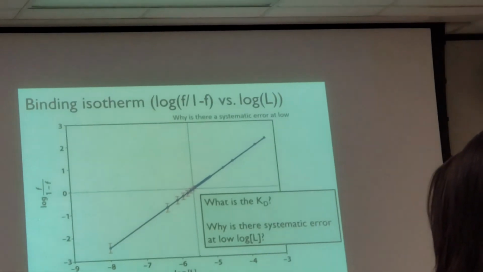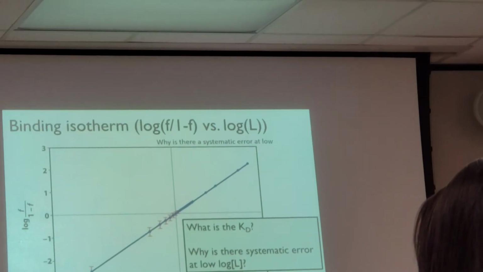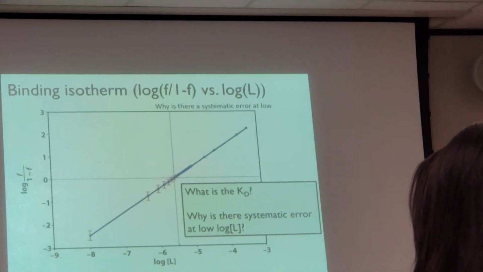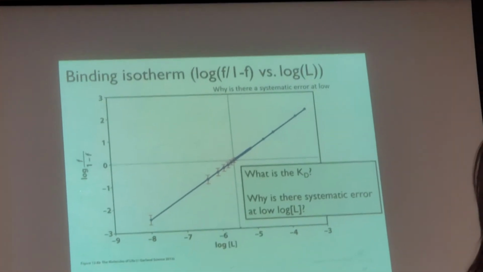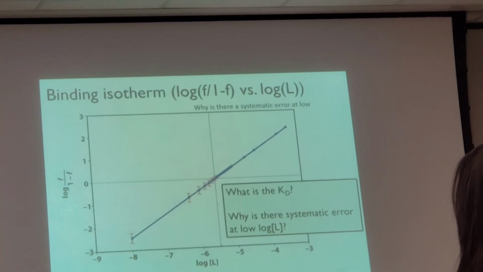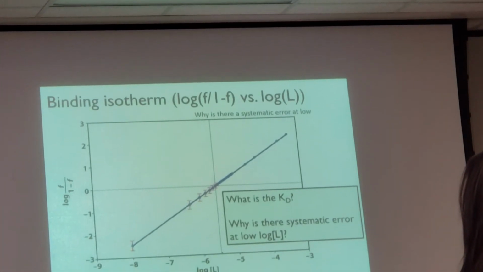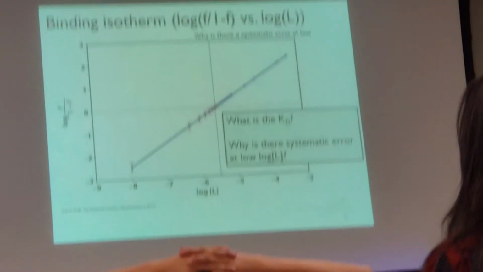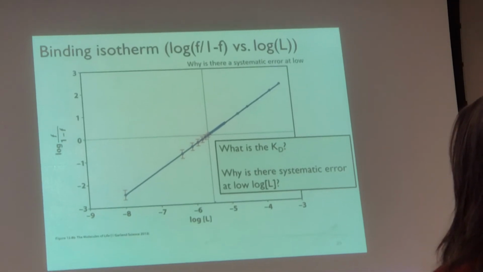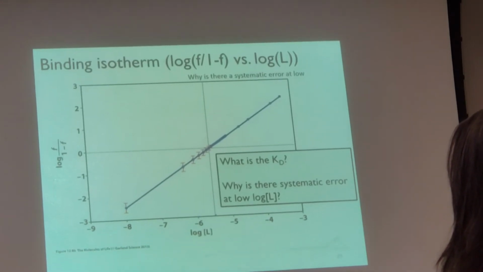They're really low, well below the KD. Why is the error so much poorer at low concentrations? How much protein is in the protein-ligand complex at low concentrations?